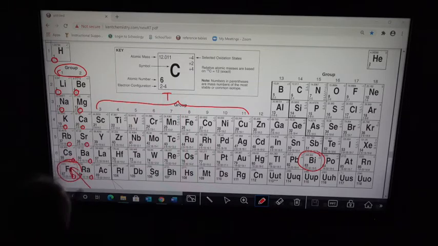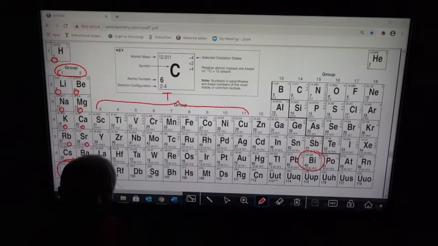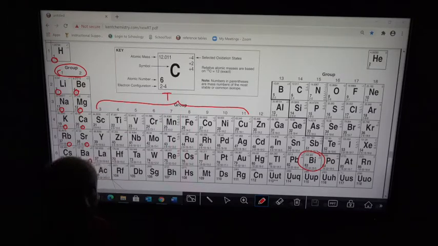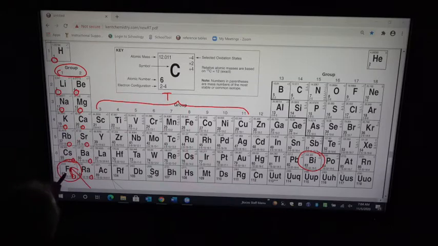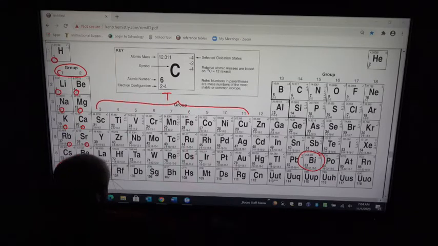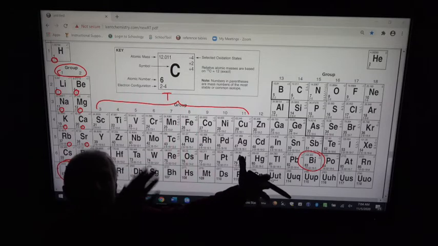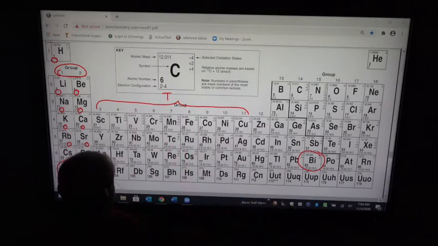Now, why would that be more reactive than sodium or lithium? Here's the reason. The easier it is to lose a valence electron for a metal, the more reactive it is. So look, the valence electron in francium is in the 7th shell. It's way out there. Very easy to get picked off. And remember, metals don't want to gain electrons, they want to lose them.